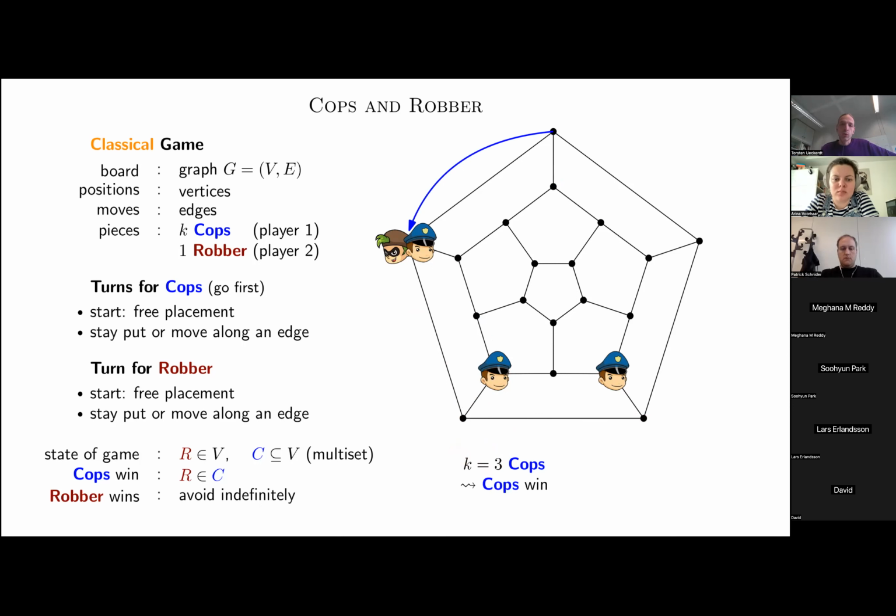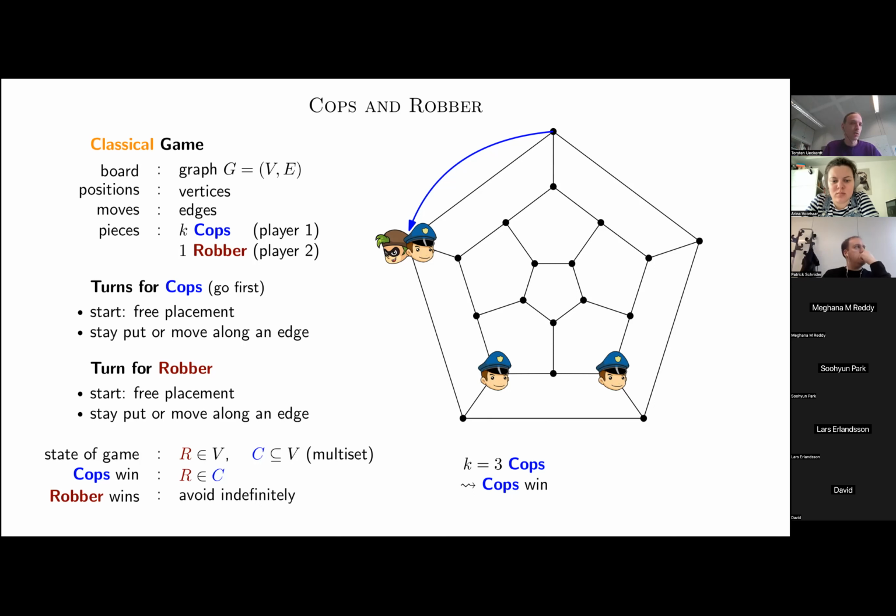Okay, so for some k, a graph is a robber win graph, and for some k, a graph is a cop win graph. And of course, this is a monotone parameter. So if the cops already win with some k, then with larger k, they still win. And if the robber already wins versus some k cops, then for fewer cops, he still wins.